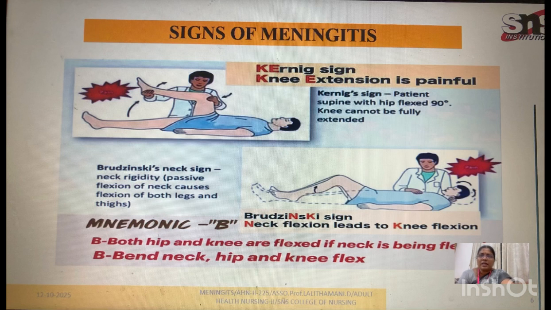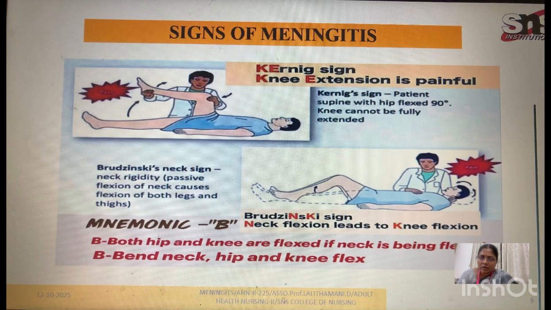Then there are two classical manifestations denoted as the signs of meningitis. One is Kernig's sign and another is Brudzinski's sign. Kernig's sign is where knee extension is painful. A simple mnemonic to remember: knee extension will be painful.